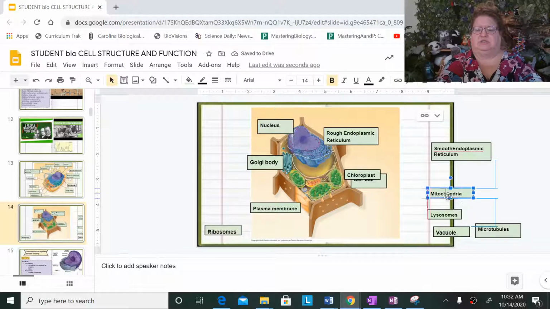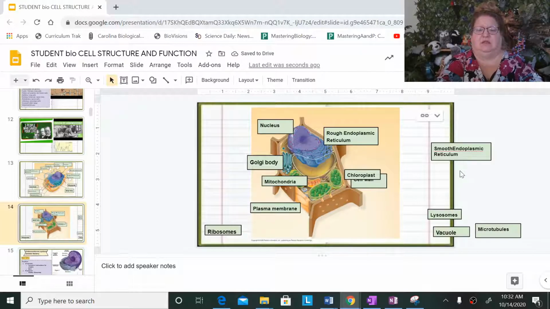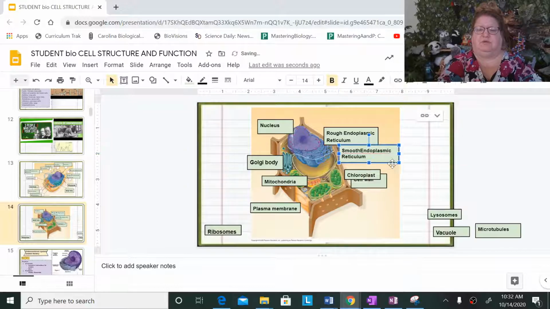The mitochondria would be our orange, and you can put lines in if you'd like. Smooth ER is kind of tucked right next to the rough ER, hard to see. And then the rest of them, it's hard to label with this one because they're so jam-packed with the vacuole. So let me go ahead and put the vacuole in just so, there you go.